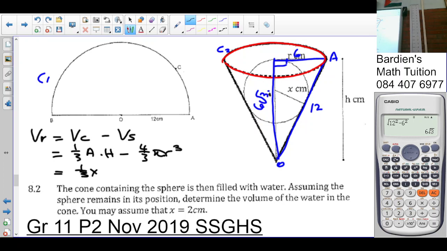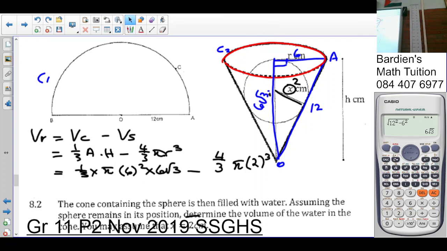The area of the base of the cone is going to be pi r squared. Pi is going to be 6 squared times the height, which is 6 root 3, minus the volume of the sphere, which is 4 over 3 pi times your radius. The radius of the sphere is of course 2, as given there. So it's going to be 2 cubed.